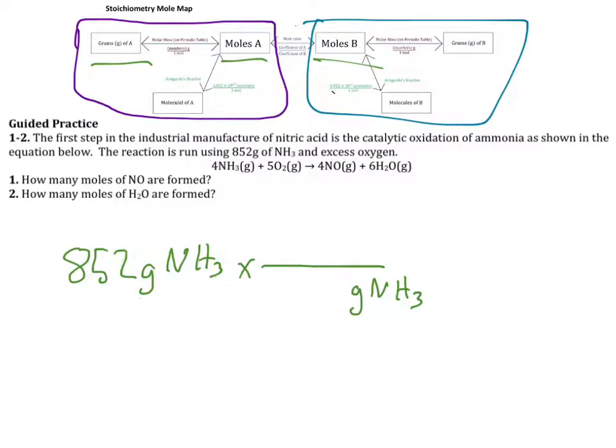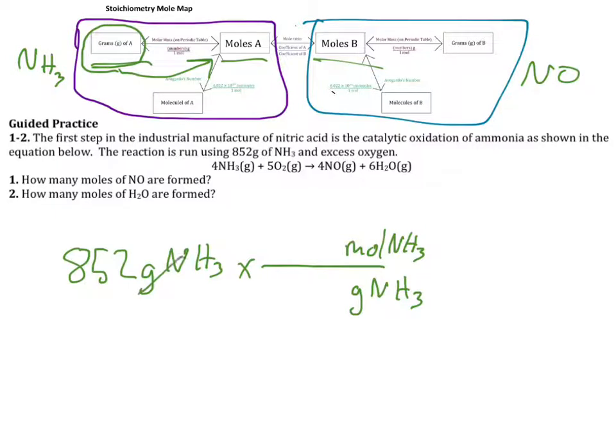Now, if we look at our flow chart, here is grams of A. And in this situation, just to reiterate, A is NH3, so NH3 is substance A. And substance B is NO, since it's asking for NO. So first we're going to go from grams of A to moles of A, so that's moles of NH3.